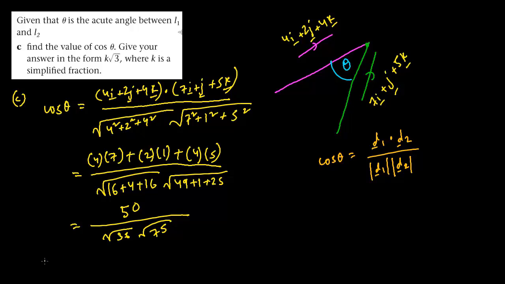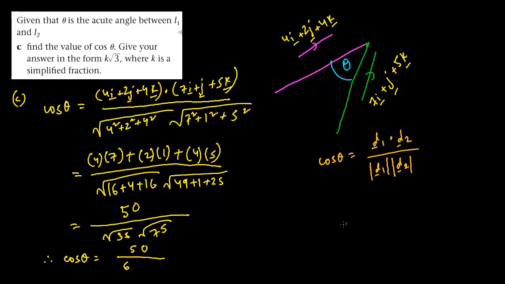So when we find this value, it's going to be theta equals cos inverse. Oh, we don't have to find the value of theta. All we have to do is find the value of cos theta. Okay. So cos theta equals 50 divided by square root of 36 is 6.